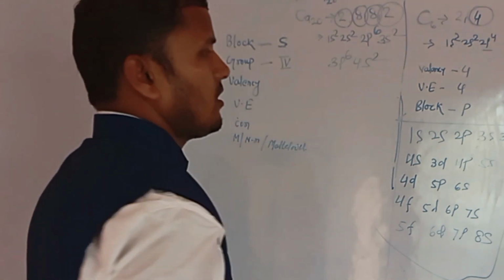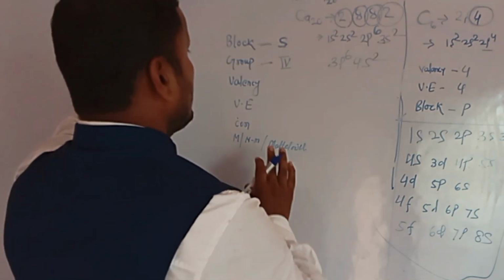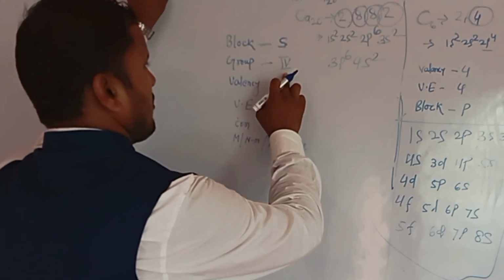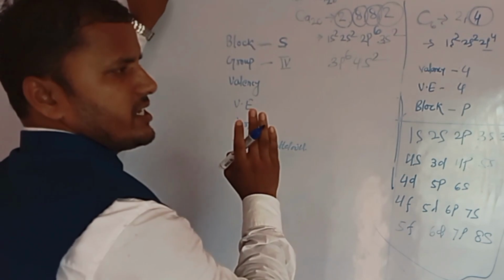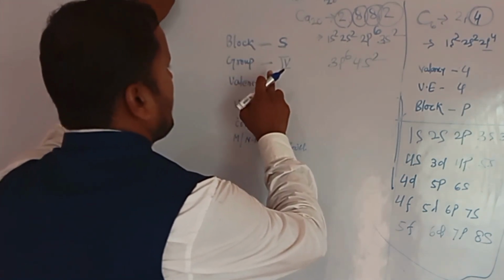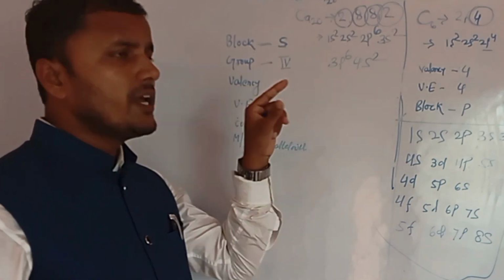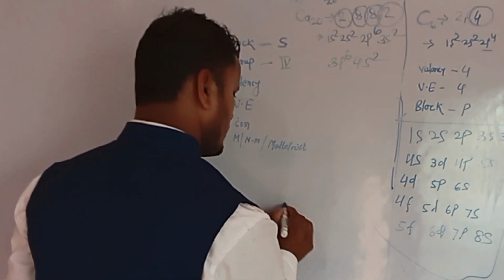So step by step, we can discuss group with a cool mind. Listen here. For a group, understand from the number of orbit.